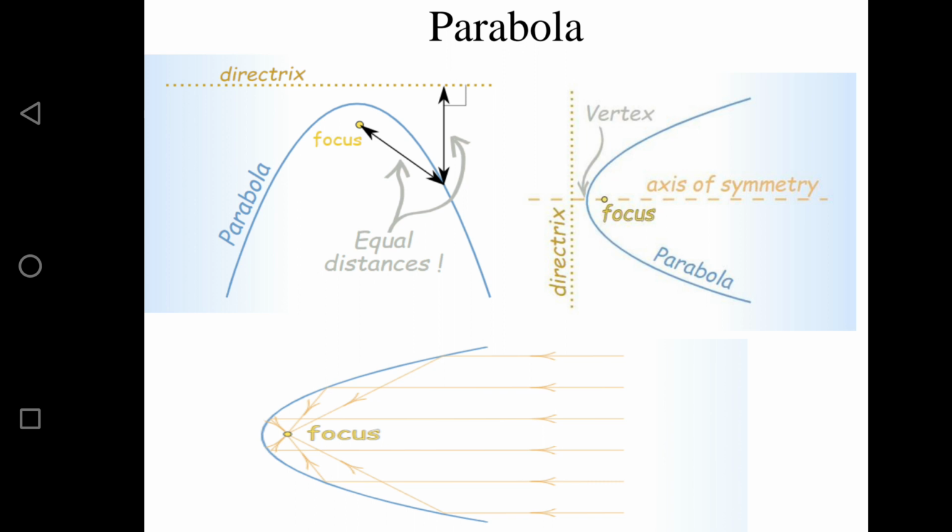Well, next your third figure shows the focus, or we can call it a reflector. This figure is going to explain to you the property of the parabola. Any ray parallel to the axis of symmetry gets reflected off the surface straight to the focus.